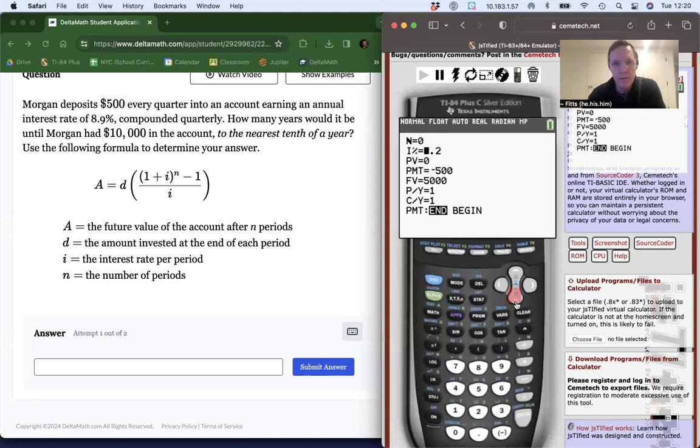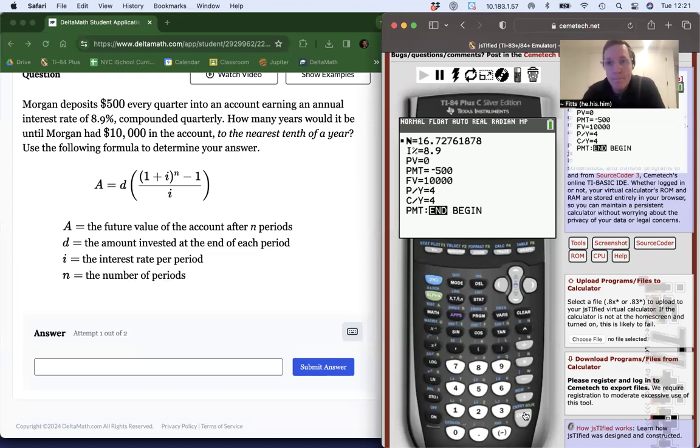That's what I'm solving for. My payment amount is $500, and my final amount is $10,000. It's quarterly, so there are going to be 4 of these a year. Alpha, enter.